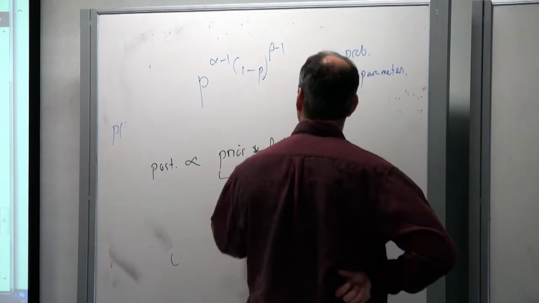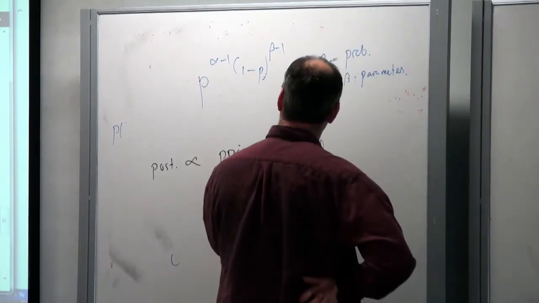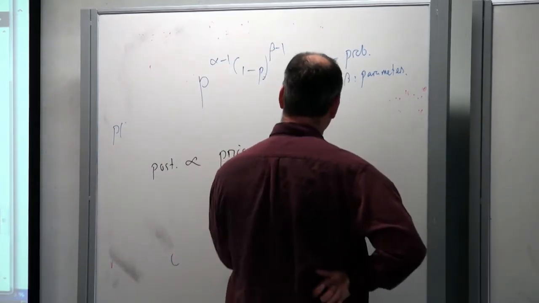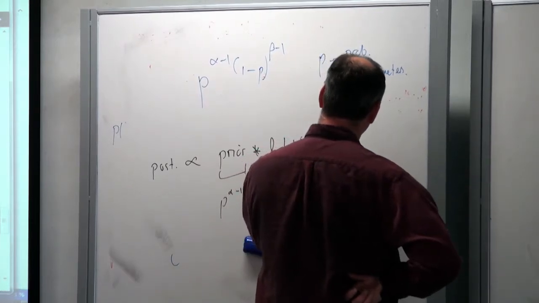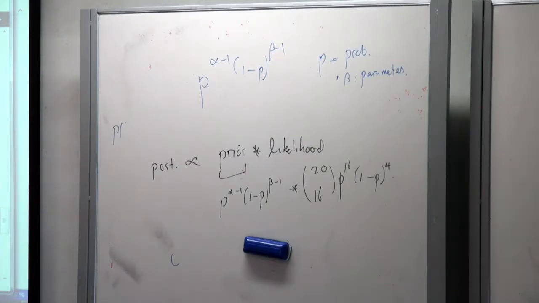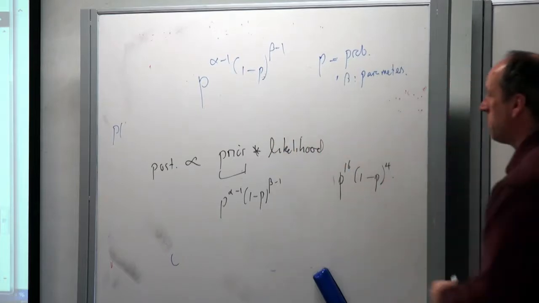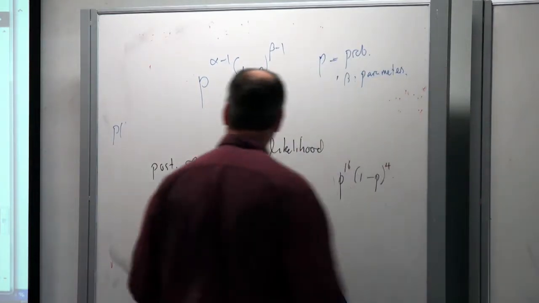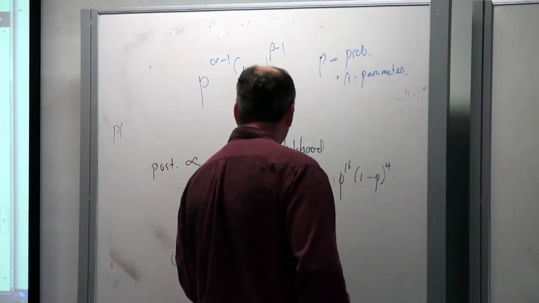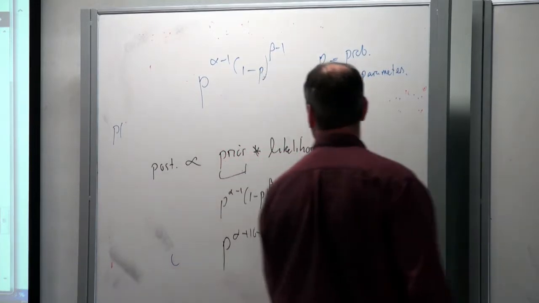The likelihood is binomial, of course, which is 20 choose, how many came out of 20? 16. Because I'm interested in a function of P, I can just get rid of that because I'm only interested in proportionality. And it's now proportional to P to the alpha plus 16 minus 1 times 1 minus P to the beta plus 4 minus 1.